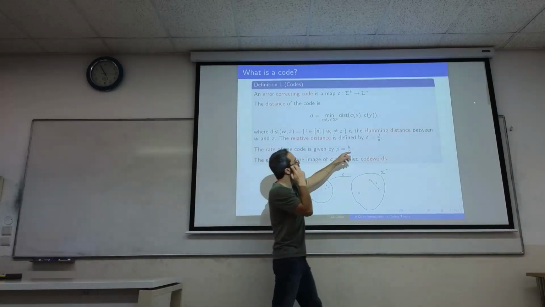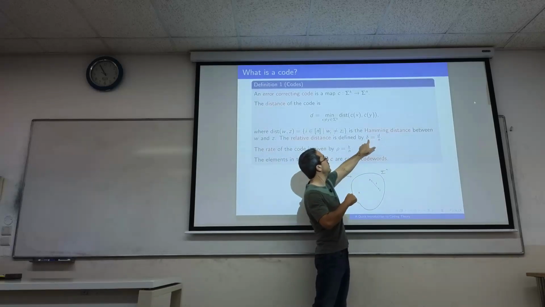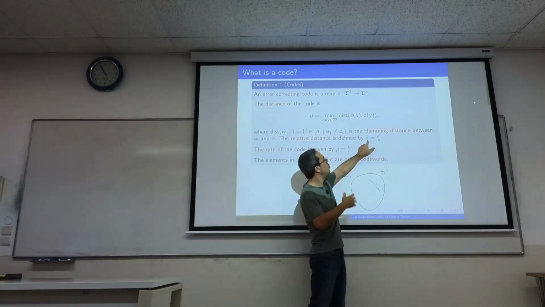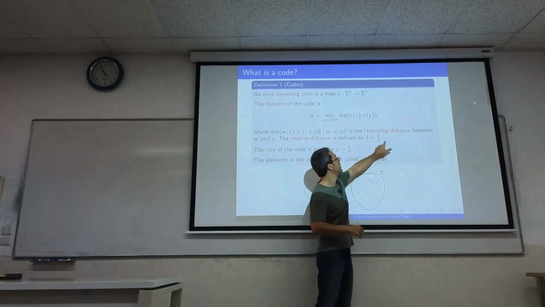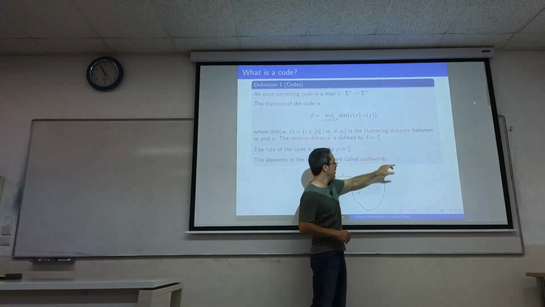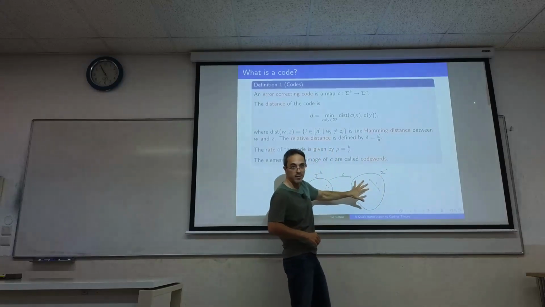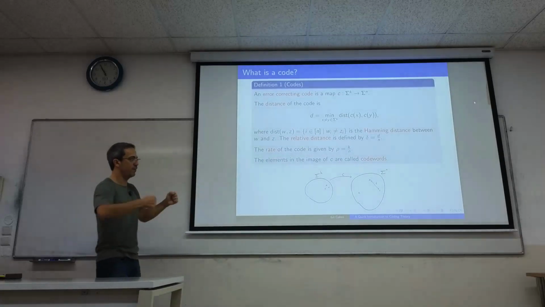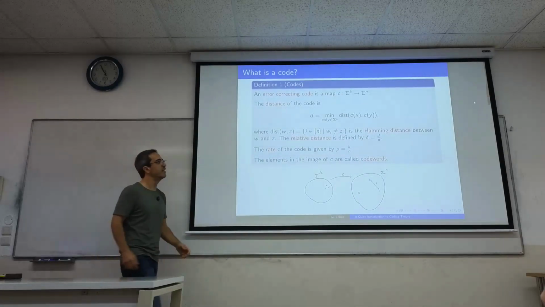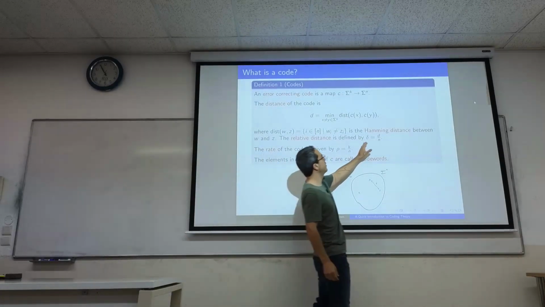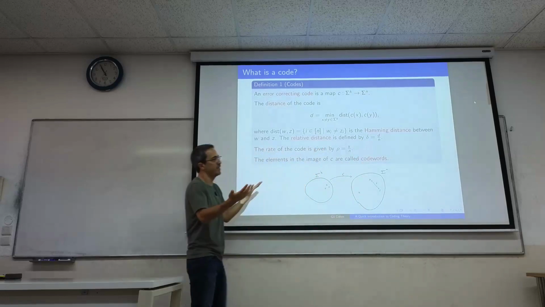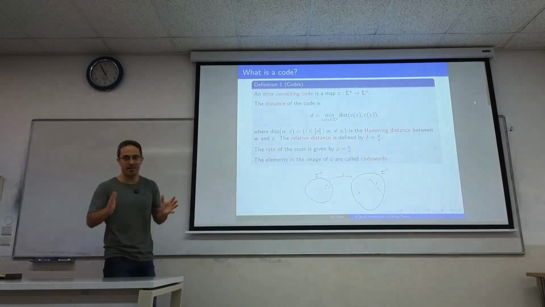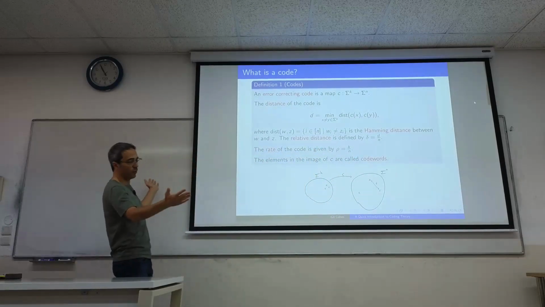D is going to denote the distance, and delta is going to be the better parameter to work with. It's the normalized distance. It's just D divided by n, just to make it a number between 0 and 1, so that we can compare codes for different n easily. So delta is called the relative distance, but it's nothing other than the distance divided by the length of the code word.